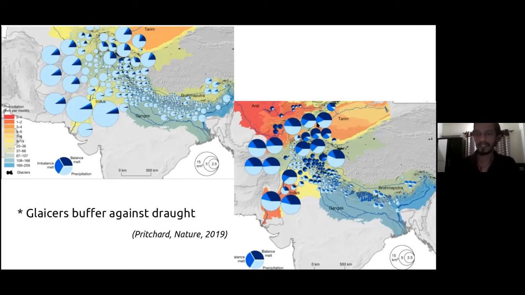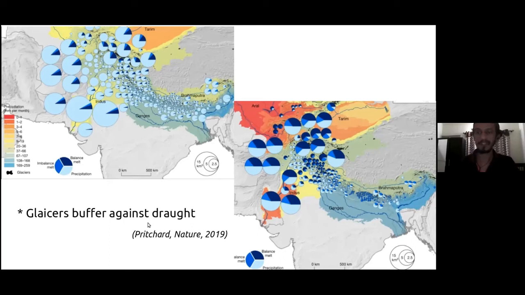But now what Pritchard has done, he has looked at the worst drought in each of these reservoirs over the last 40 years or something like that. Okay, and then he realized that in the driest summer month, the glacial contribution really goes up. Okay, so during these bad droughts, glaciers are providing water and acting as a buffer against the drought.